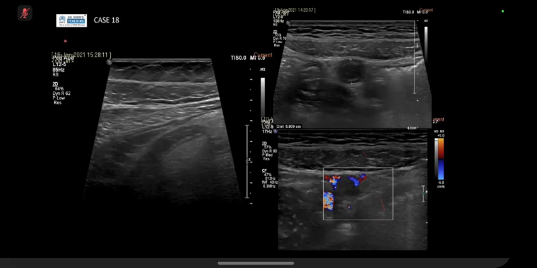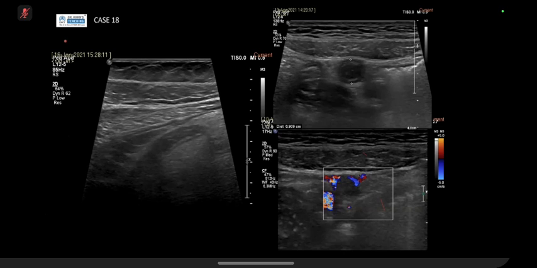I think this represents an appendix. The diameter is 0.9 cm, which is thickened. So there's appendicular increased vascularity. So I think it's an acute appendicitis.